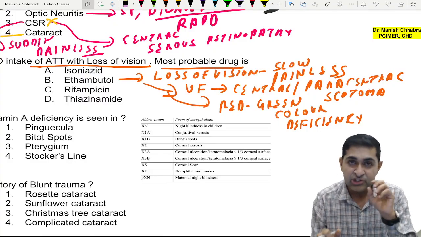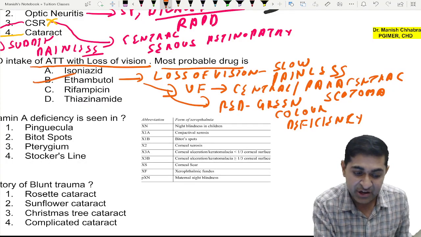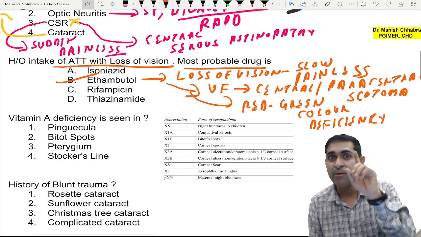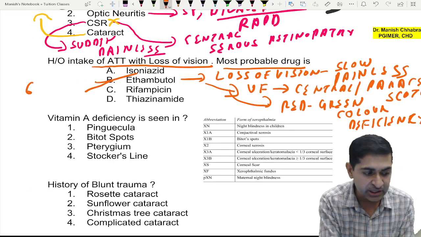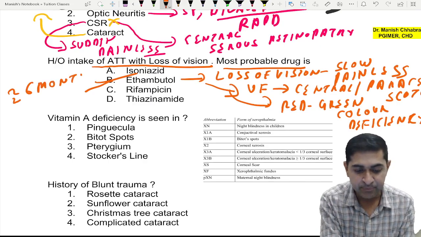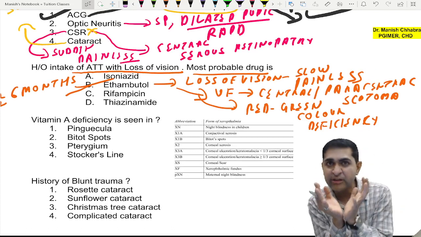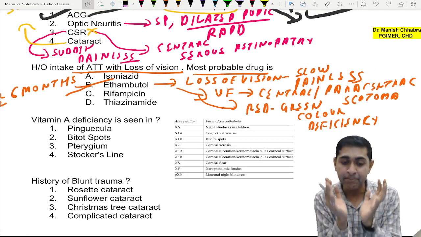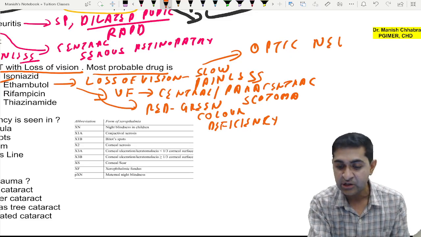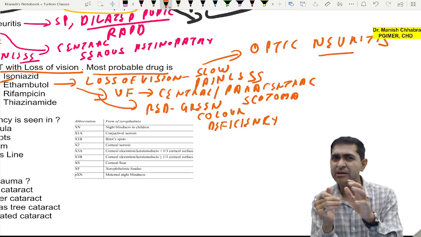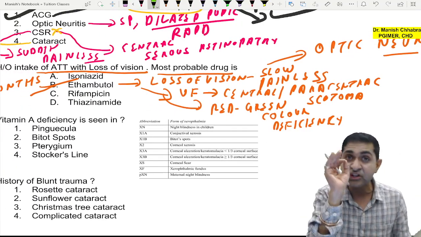On seeing the drugs which the patient was taking, ATT, the most important culprit is ethambutol, especially when it is taken for nearly 6 months. Its effect starts coming. These are all the features you see in a patient on ATT, and it may also lead to optic neuritis. Isoniazid may also be a culprit, but not that much. So out of these options, you are going to mark ethambutol.